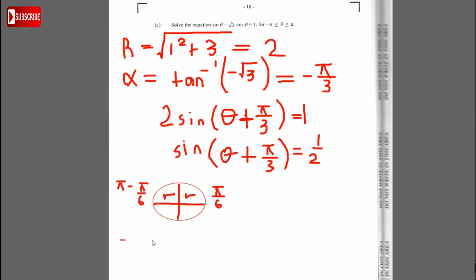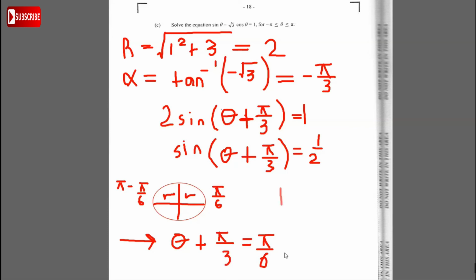So that implies that theta plus pi by 3 is equal to pi by 6. That's one possibility.